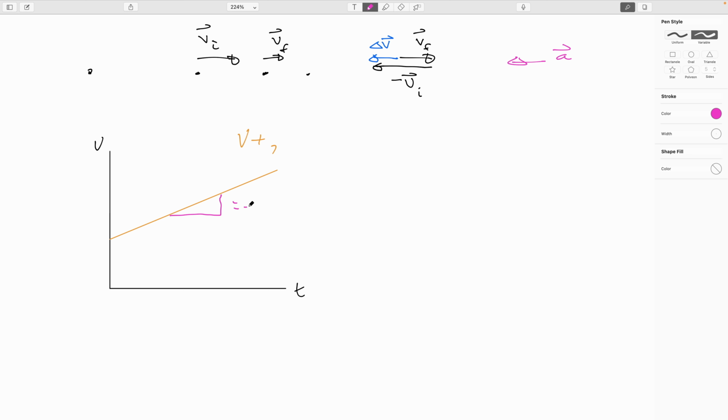So here my slope is positive, so we conclude that our acceleration is positive. If I were to draw my vectors here, which we will do more with in a future video, my velocity would be going to the right, and my acceleration would also be going to the right. So it's saying I'm moving rightward and I'm picking up speed.